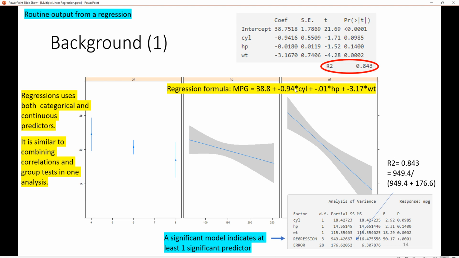So we would multiply these coefficients by whatever value we get in our cars to get predicted scores. So if horsepower is 200 for one car, then that 200 is multiplied by negative 0.01.